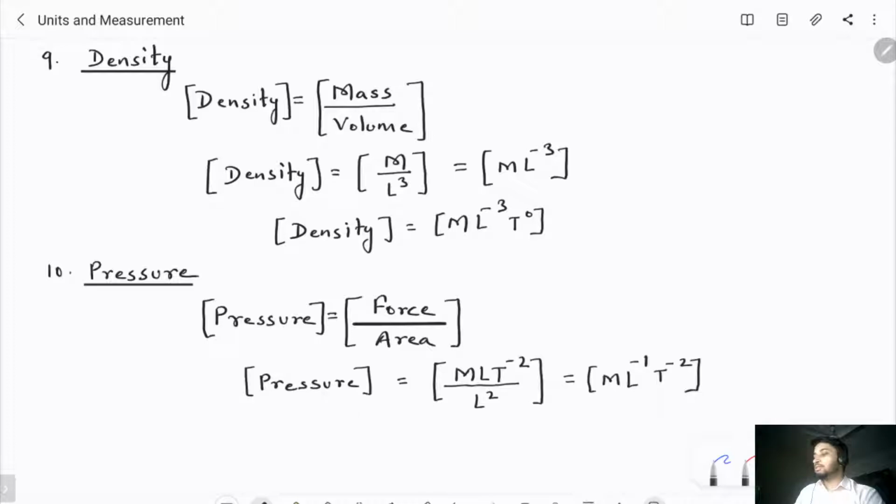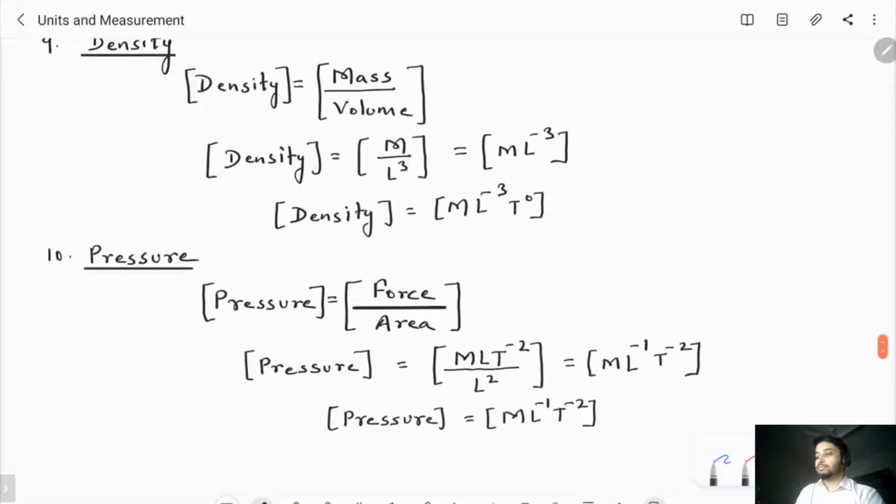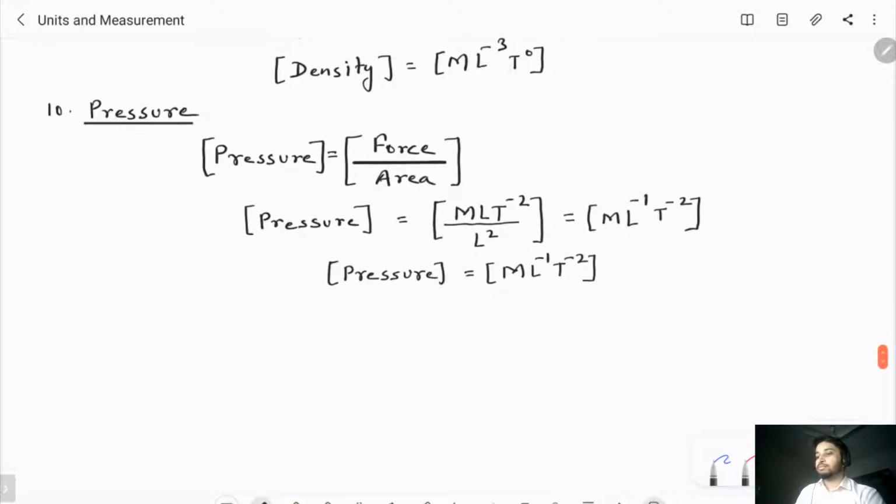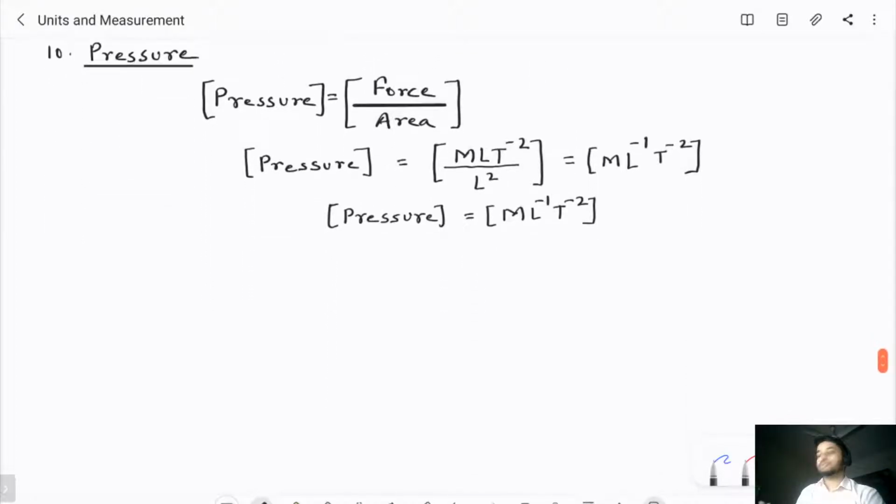All the terms are already there, so it is already in the standard form. So the dimensional formula for pressure is M L minus 1 T minus 2.